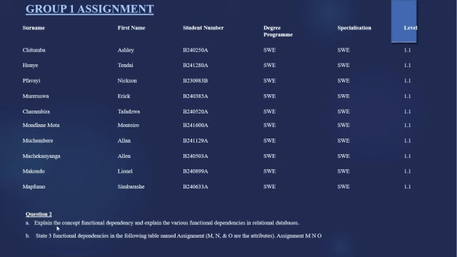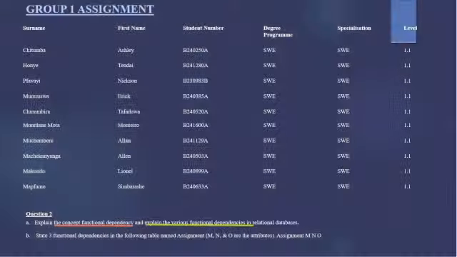The first part says explain the concept of functional dependence, and the other part says explain the various functional dependencies in a relational database, which means we are going to explain the types, the various kinds of functional dependencies.